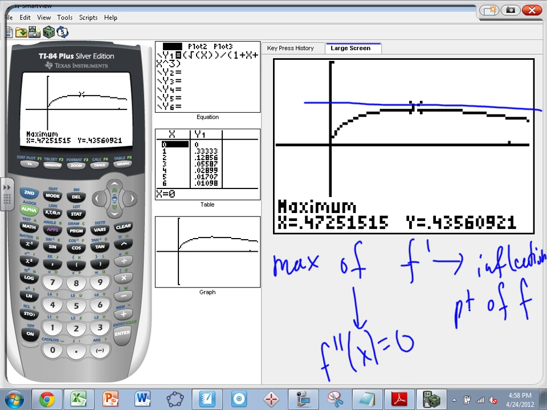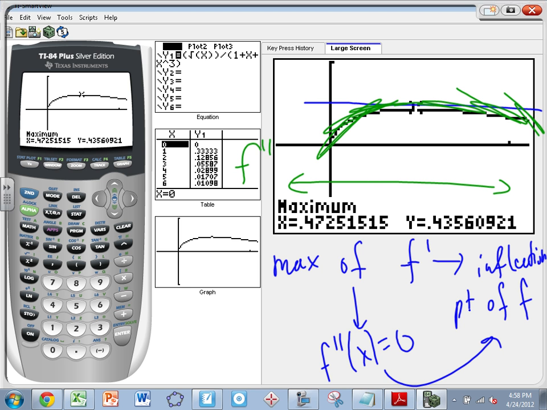When the second derivative is 0, you really have an inflection point of the original function. And what else can you look at? The function is increasing, isn't it? Then what happens? It's decreasing, which tells me that if I graph a second number line, that's my 0 point at 0.4725.